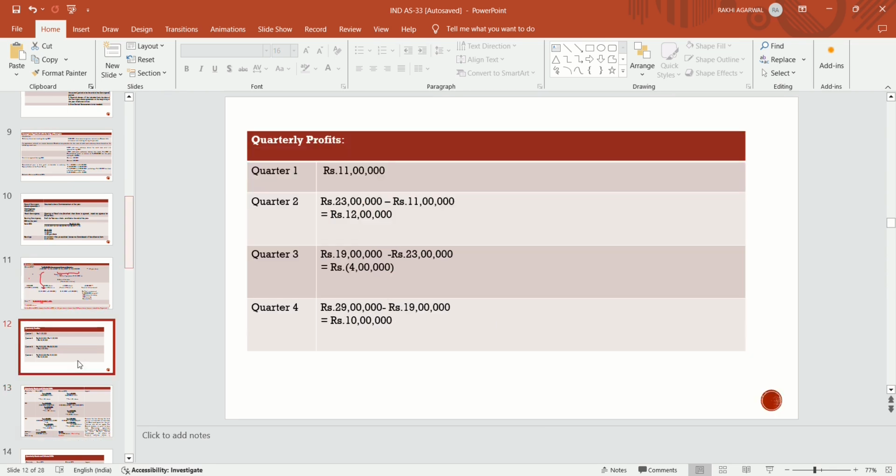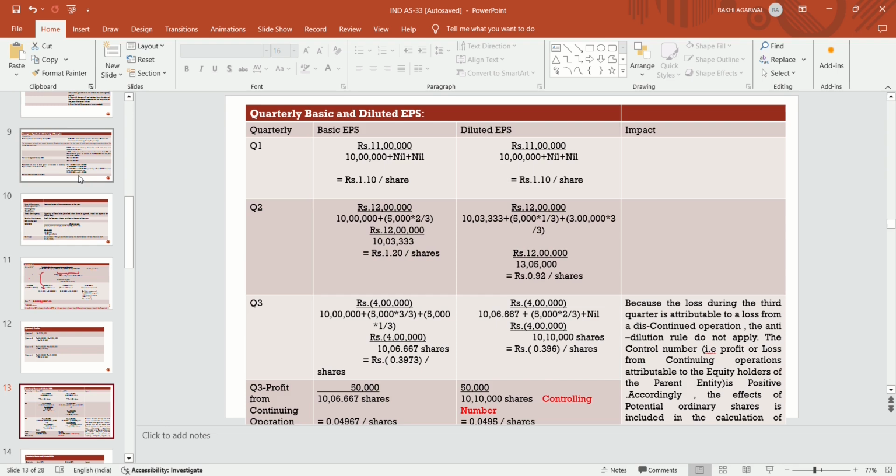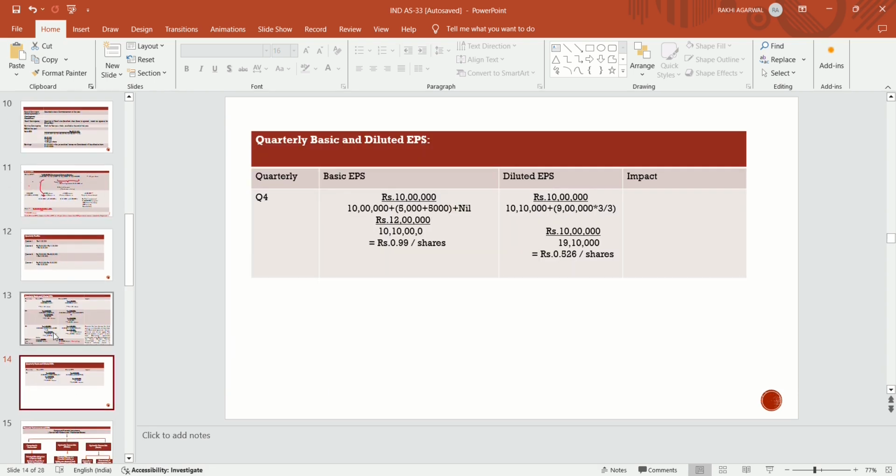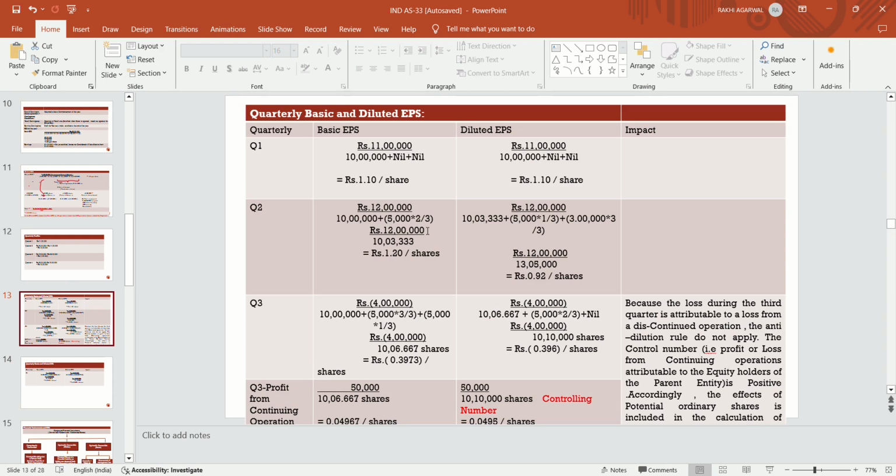In quarter 2 the profit becomes 12 lakhs, but in quarter 2 the contingencies conditions are fulfilled because on 1st May the retail sites are open, so they will give the effects of 5,000 shares in the denominator, that is 12 lakhs divided by 10 lakhs, that is the outstanding number of shares for basic, plus retail site open.